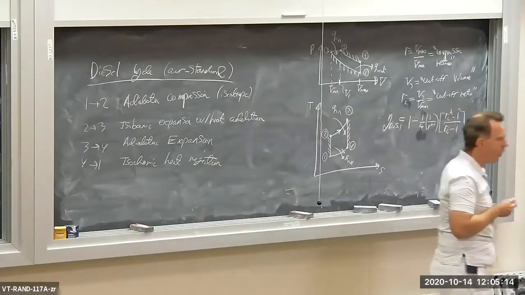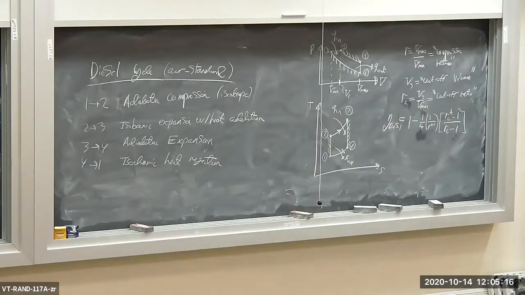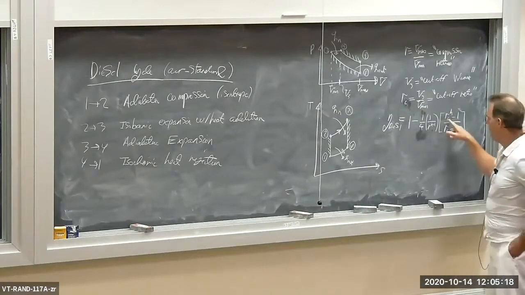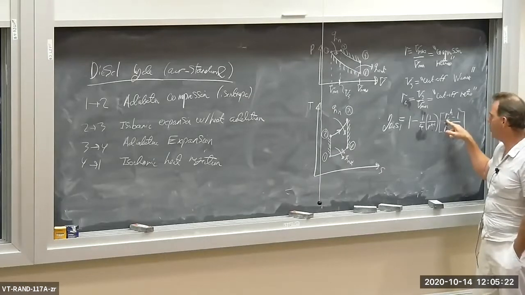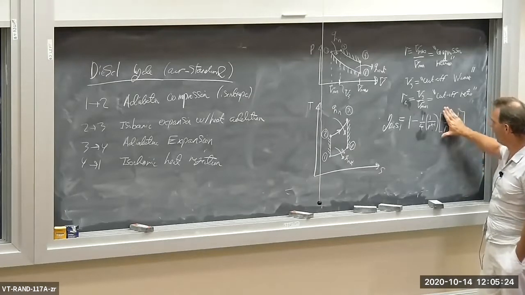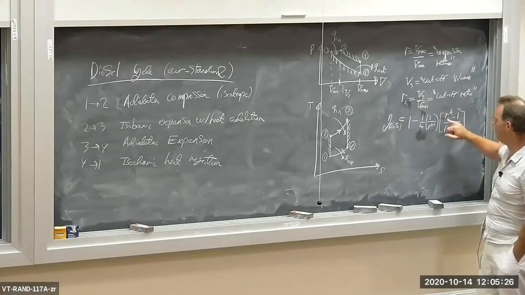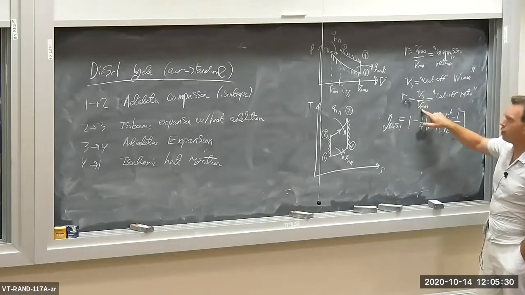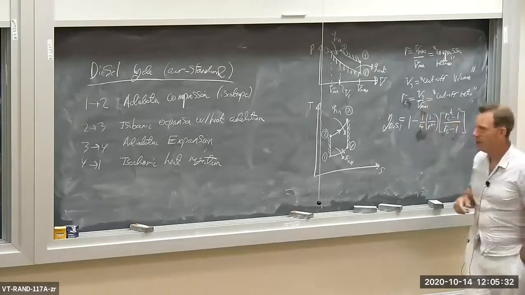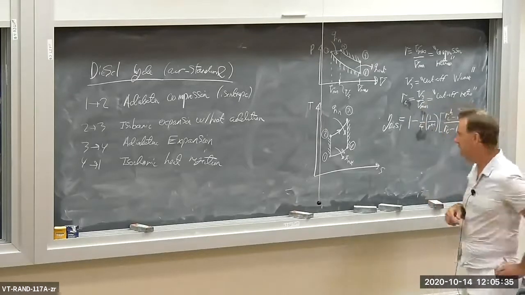Now, one thing to note, as R sub C goes to 1, then this term goes away. So as R sub C goes to 1, in other words, V3 goes to Vmin. In other words, we don't add a lot of heat.